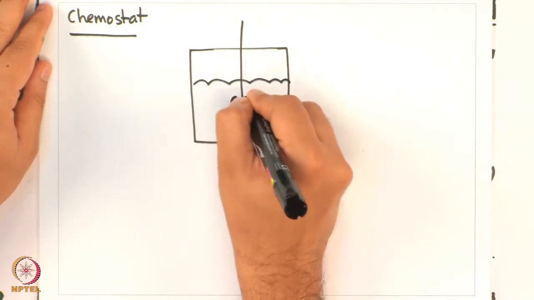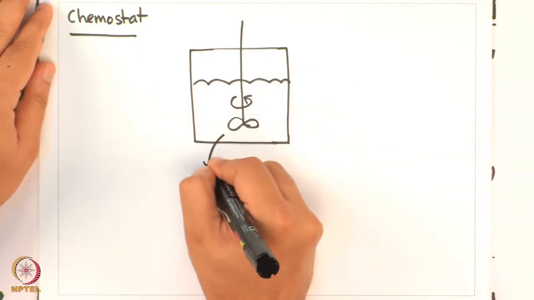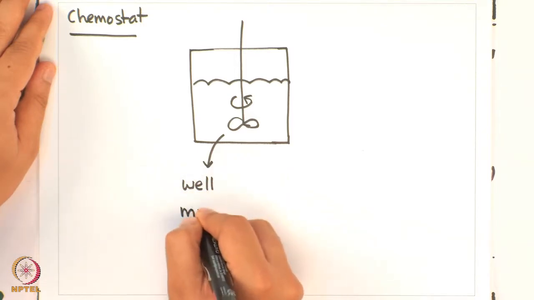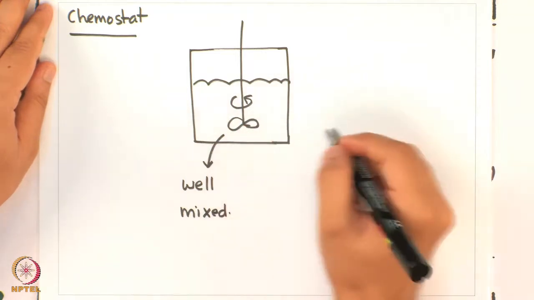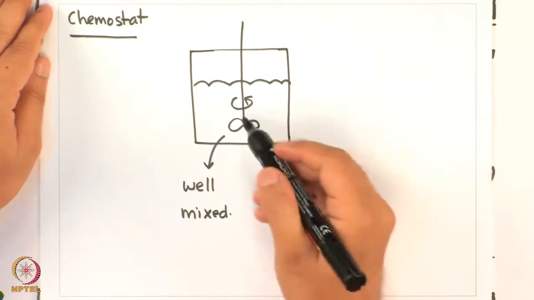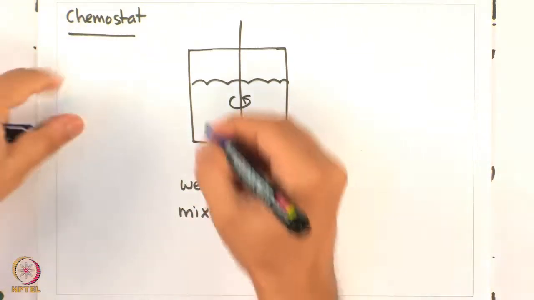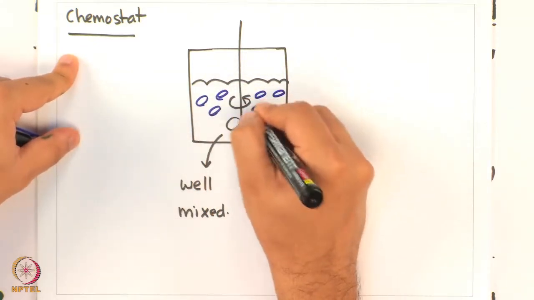What this means is that the contents of this reactor are well mixed, which means there are no spatial heterogeneities associated with concentrations. Concentration of every species, nutrient inside this reactor are constant everywhere, and you have bacteria growing in this environment.